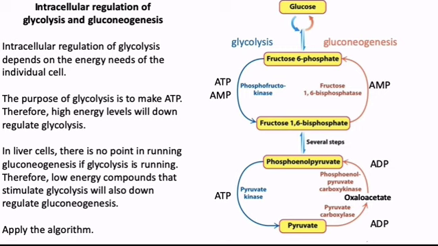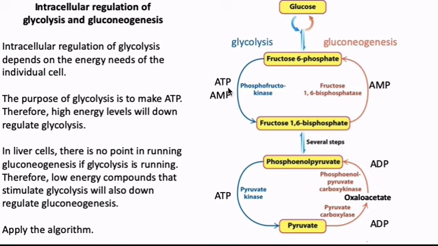In any cell, if you have excess ATP, that will be a signal that, hey, we don't want to run phosphofructokinase because we already have a lot of ATP. Why would we make more? In fact, you can have too much of a good thing. In contrast, if you have a whole bunch of AMP, that's a signal that you're really low on energy.